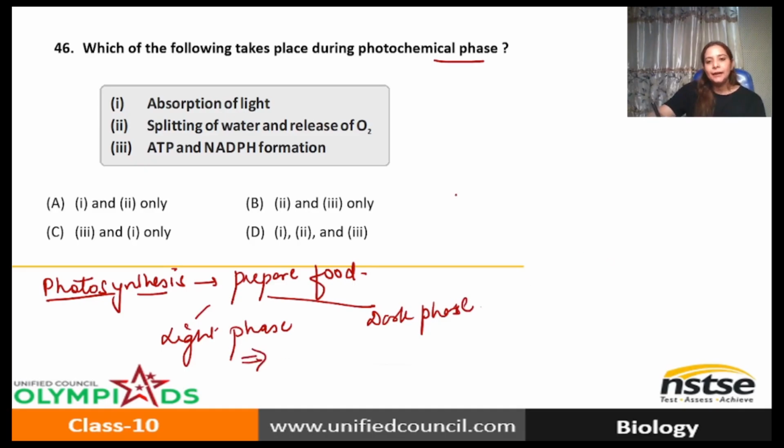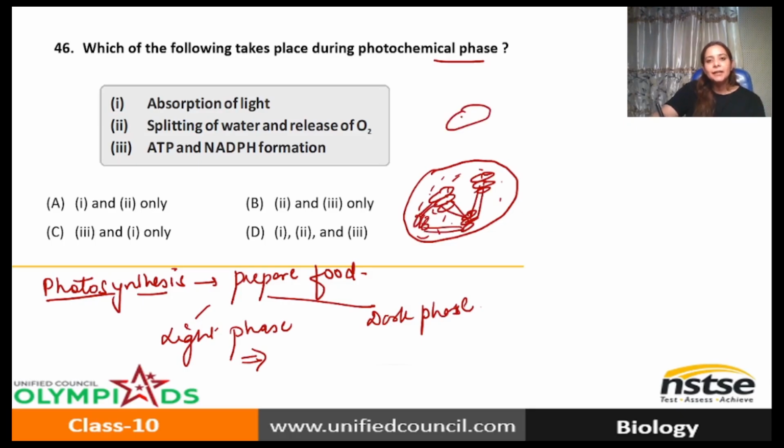Now, during the light phase, what all happens? It takes place in the grana of the chloroplast. You know that the chloroplast is an organelle which contains chlorophyll, and it has stacked structures like this, which are interlinked also. These stacked structures are called grana. Inside the grana, chlorophyll is present, that is the photosynthetic pigment.